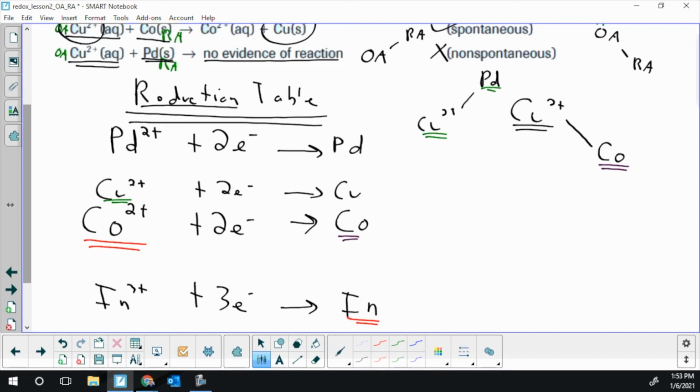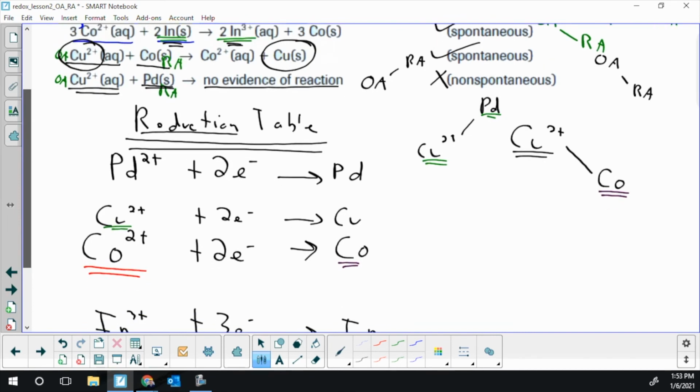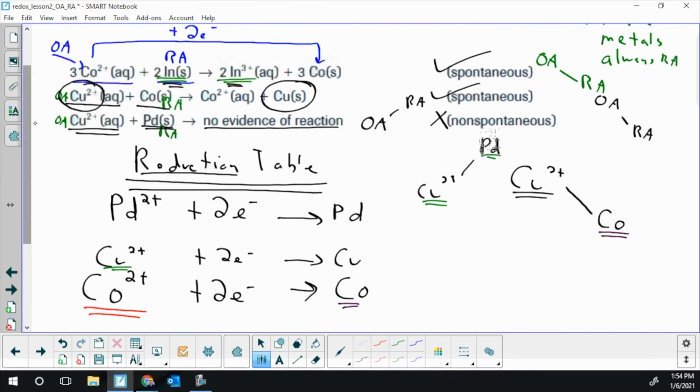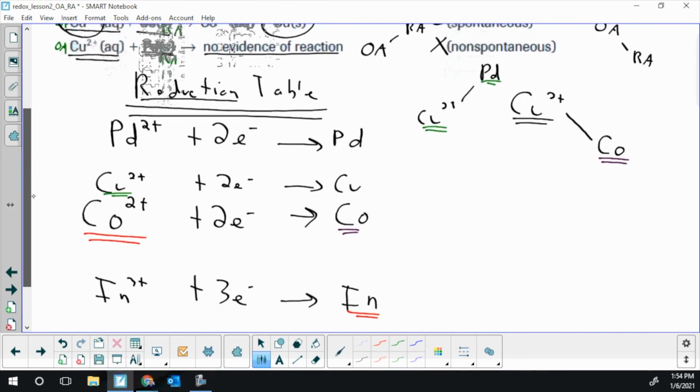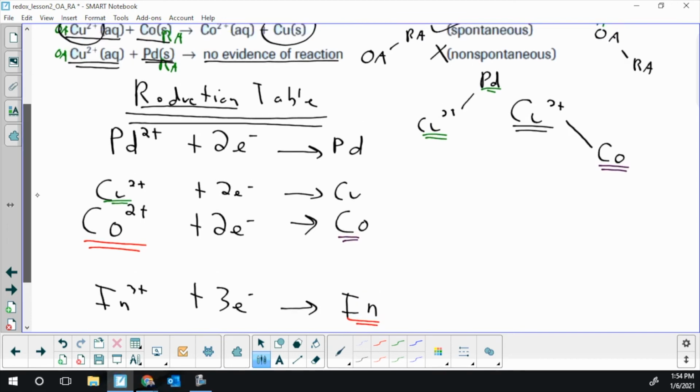Okay? And this would be the corresponding redox table based on that experimental data. Okay? Our table matches all three reactions. First reaction, cobalt above indium. We have to have copper above cobalt from the second reaction.